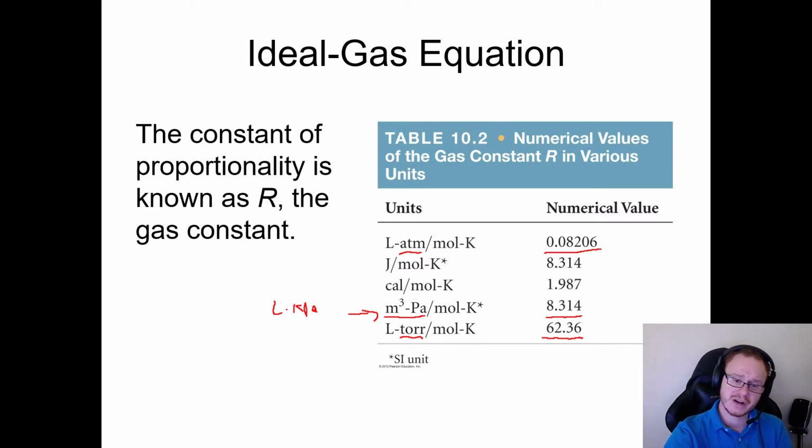When we first study gases, we don't commonly use the joule or calorie except if we're integrating it with thermochemistry, which we won't immediately. So, if your problem involves atmospheres, you need to use 0.08206. If your problem involves kilopascal or a pascal, you use 8.314. If it involves torr or millimeter of mercury, you use 62.36 as your R value.